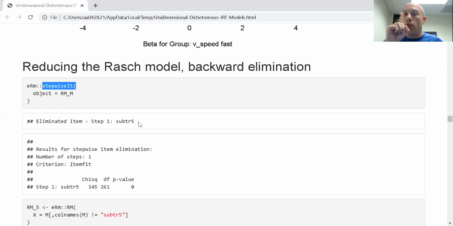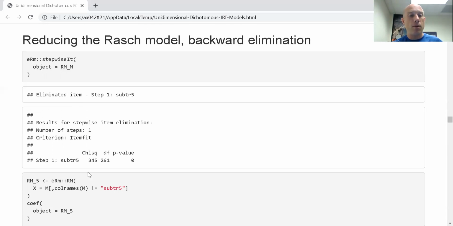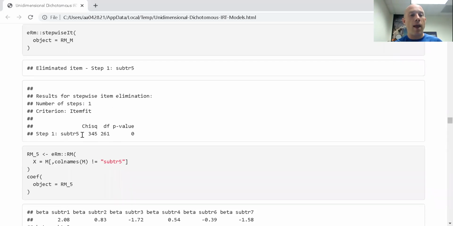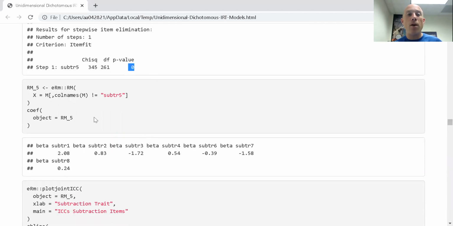We see that it only removes one item, number 5. When I look at the stepwise elimination hypothesis test, we can see that there's a statistical difference between this model and the full model. So now I want to rebuild the model without the 5th question, removing it from my data set.